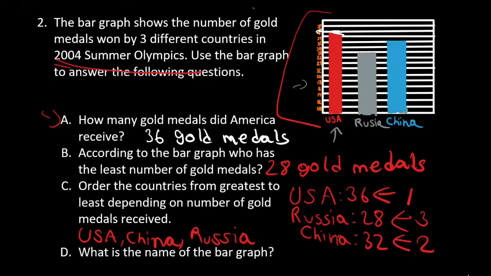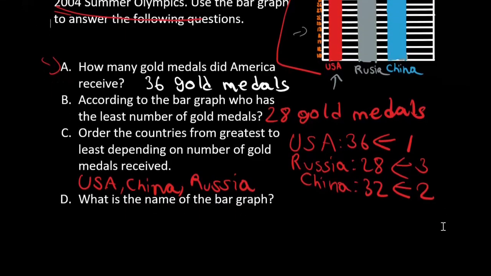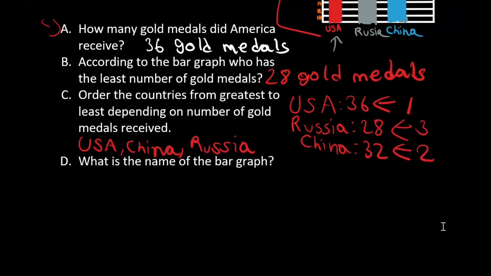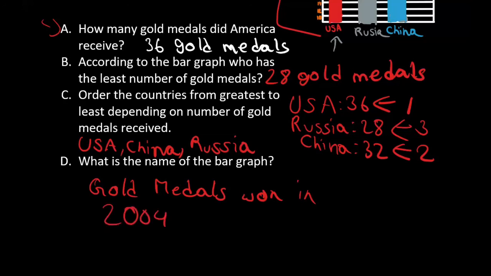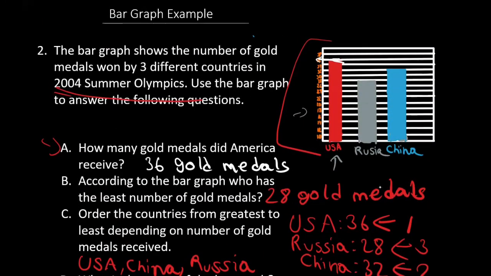So there are multiple names you can give it, but what I would write, or the most accurate one, would be gold medals won in 2004 Summer Olympics. So you can just write that down on top of the graph. I'll show you where. You can just write that down over here.